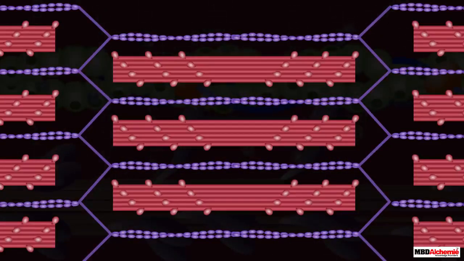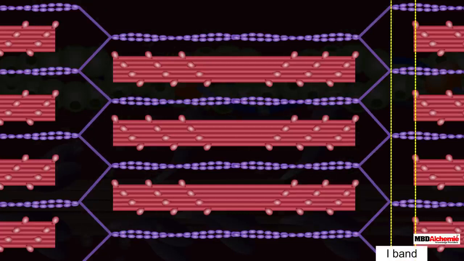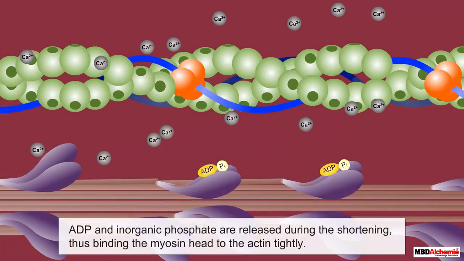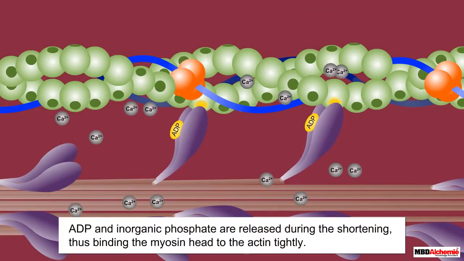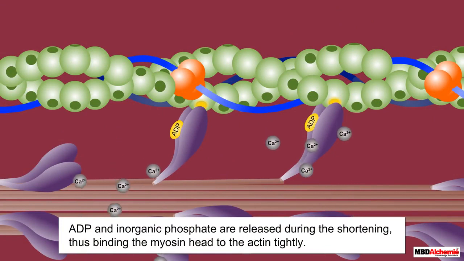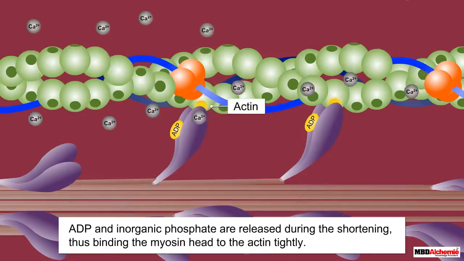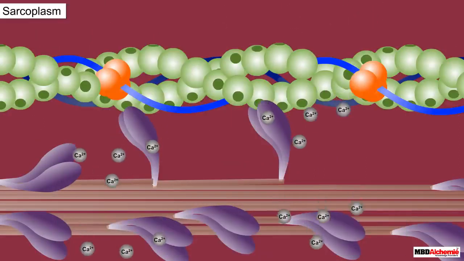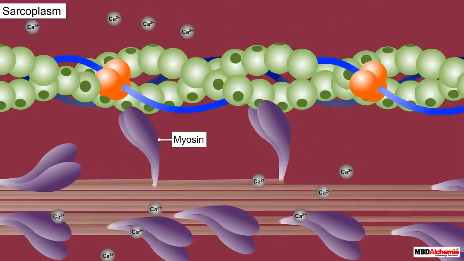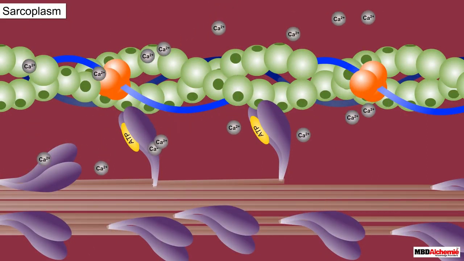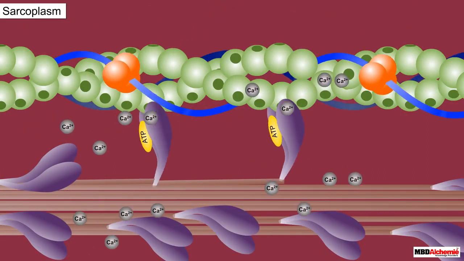You can clearly see that there is a reduction of I band during contraction, while the A band remains of the same length. ADP and inorganic phosphate are released during the shortening, thus binding the myosin head to the actin tightly. The myosin remains attached to the actin until a new ATP molecule binds to the myosin head and the cross bridge is broken.